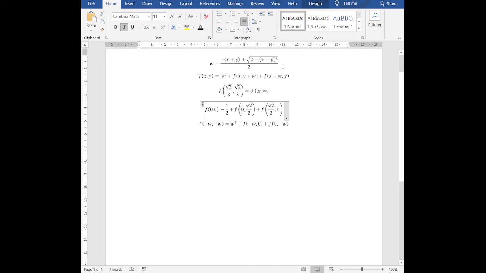Out of interest, what does happen? I was going to say what happens when w equals square root of 2 over 2, but we know what happens when w equals square root of 2 over 2, because that's this equation. What happens when w equals minus the square root of 2 over 2?